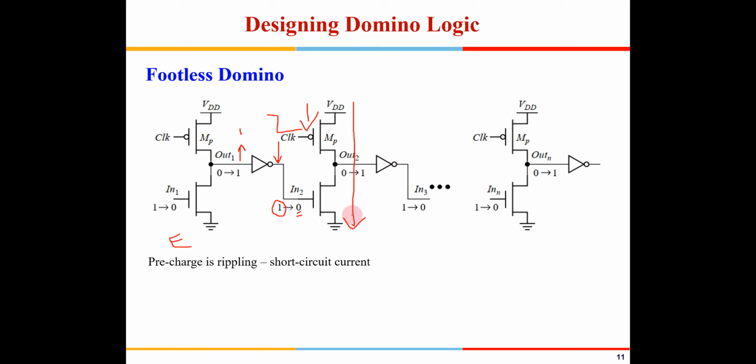Otherwise there will be a short circuit issue. Although we can remove it, to prevent short circuit and to be more power efficient, we need to keep it, so footless domino is generally not used.